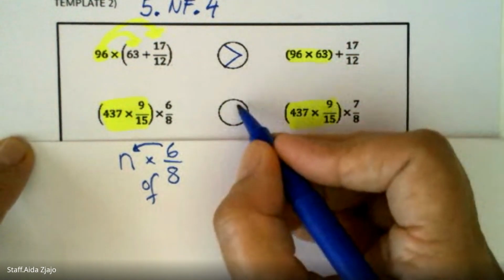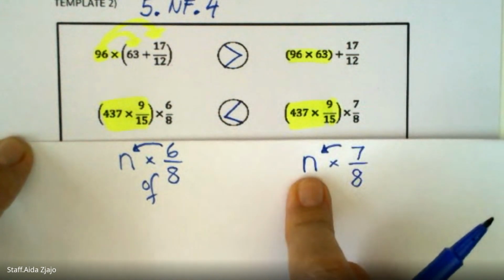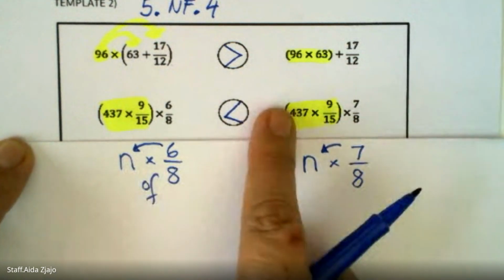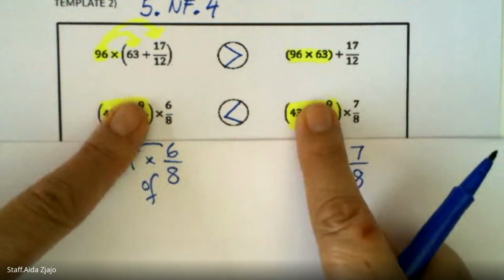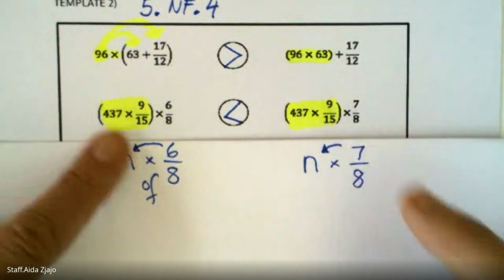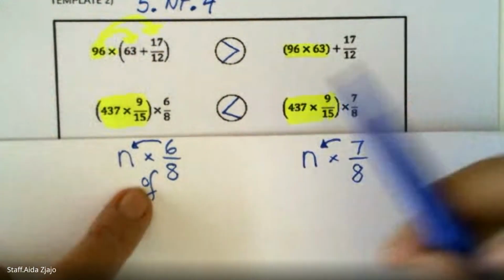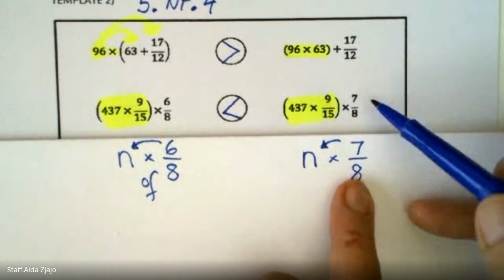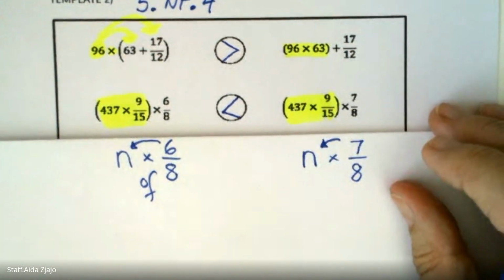Of course it would be this one here, because 7/8 of this number is greater than 6/8 of that same number. We don't need to calculate. We know the numbers are the same, so the product is going to be the same. But 6/8 of that product is less than 7/8 of this product. All right.